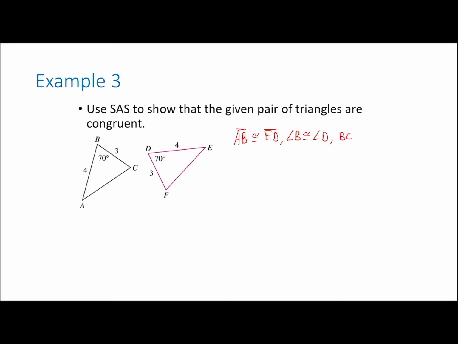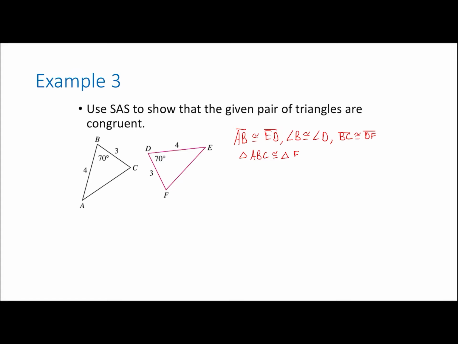So there's one side. We also want to show that angle B is congruent to angle D. And then we want to show the other side, the next side is congruent. So in this case, BC, that segment, is going to be congruent to DF. Again, the order does matter here.